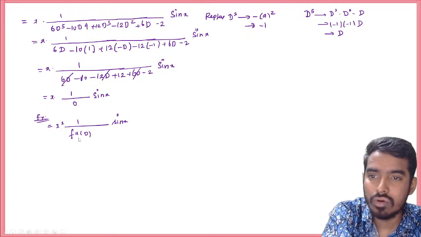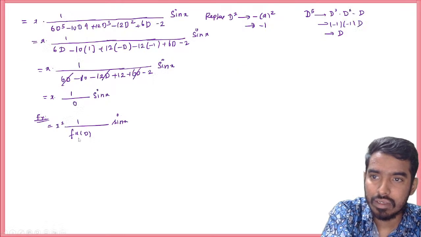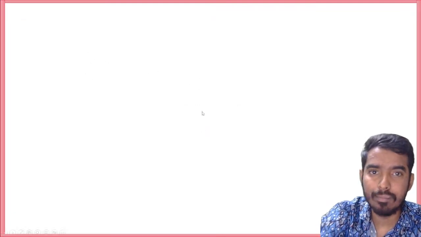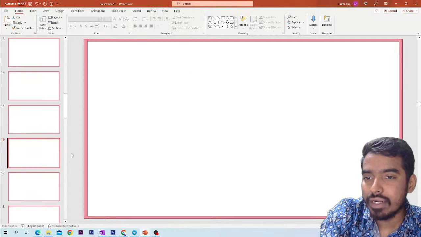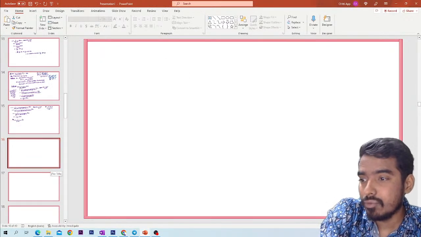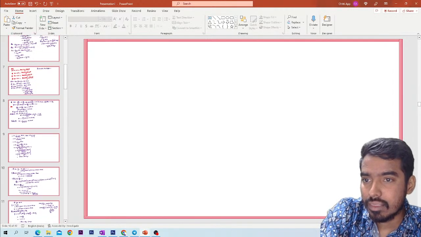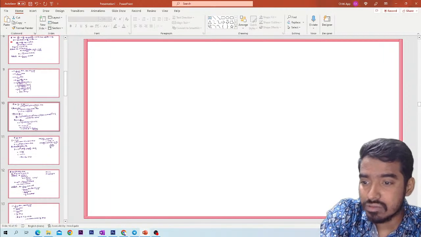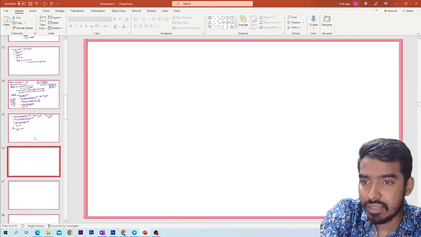I will move on to type 3, right? Is there any doubt up to type 1 and type 2? So type 1 is RHS is of the form e power x. Type 2 is RHS is e power ax, sin ax or cos ax. We will move on to type 3.